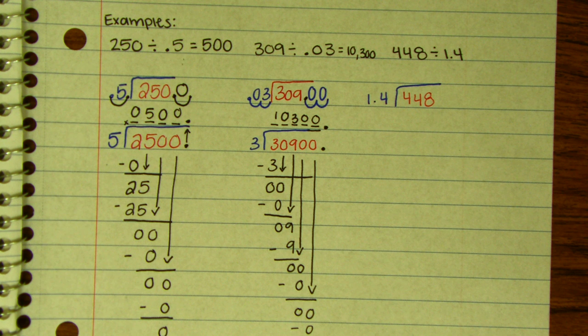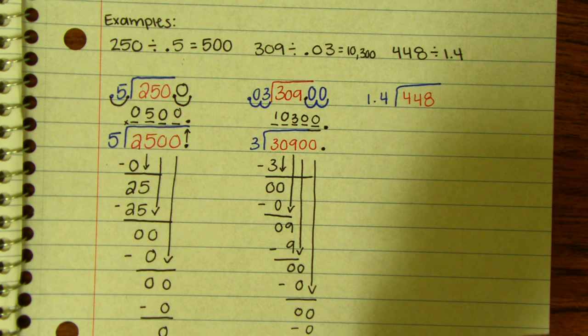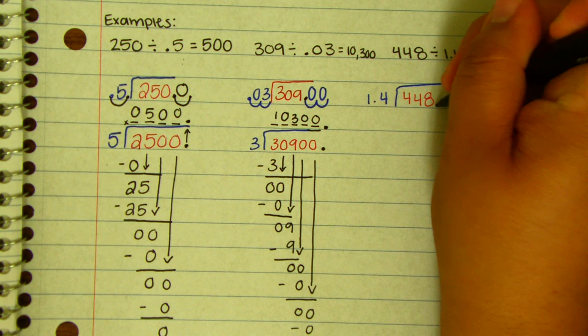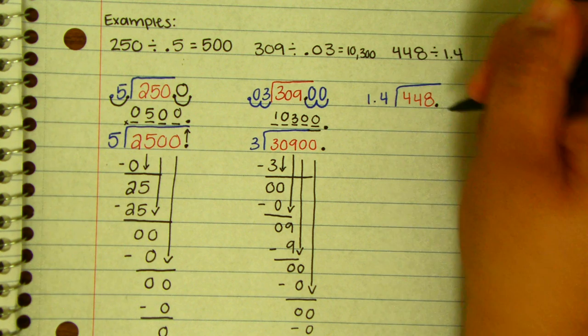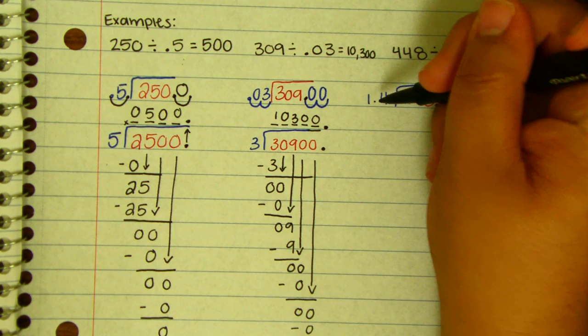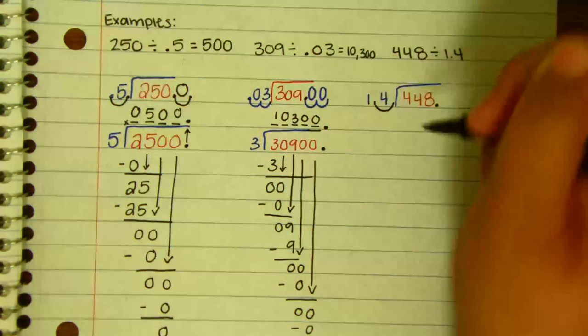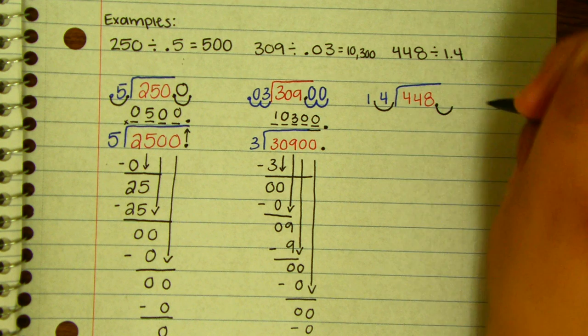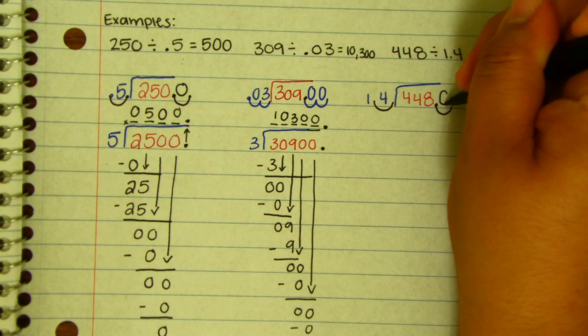So what we are going to do is we are going to move the decimal first and then rewrite the problem and solve. So I'm going to move this decimal, but first, before I do that, I have to add the decimal to the end of the dividend just so that I know where I'm moving it to. I got to move this decimal over one space, which means I'm going to move this one over one space, which means I add a 0.